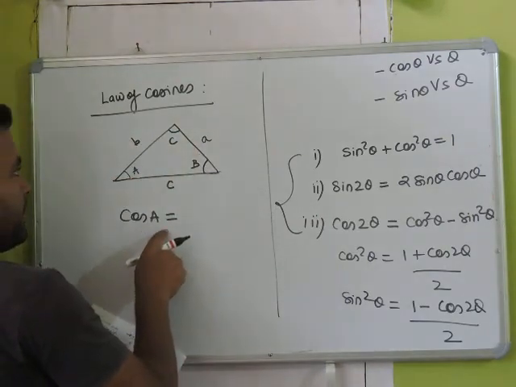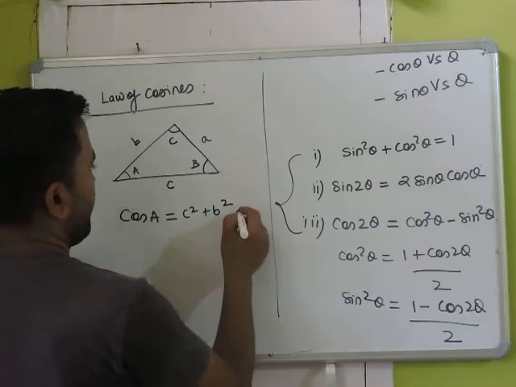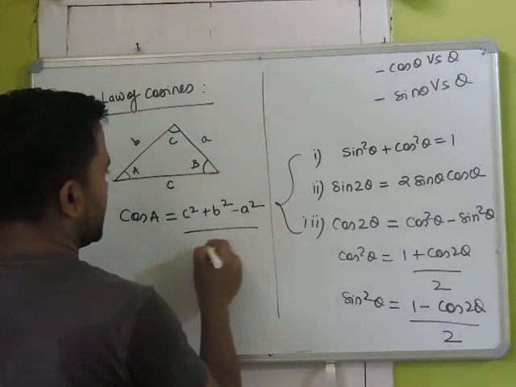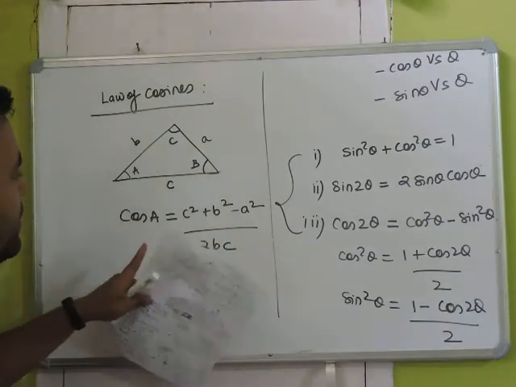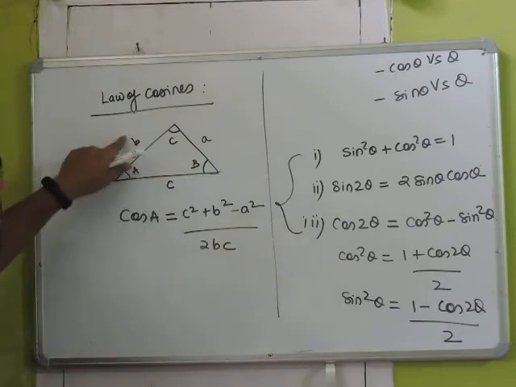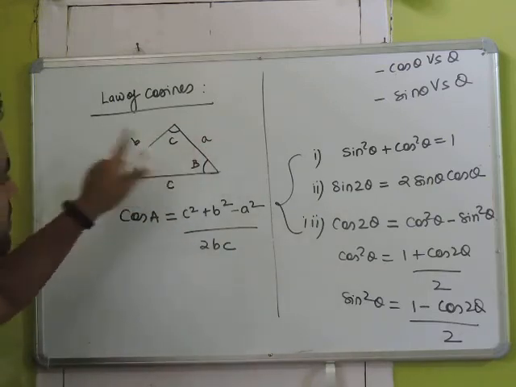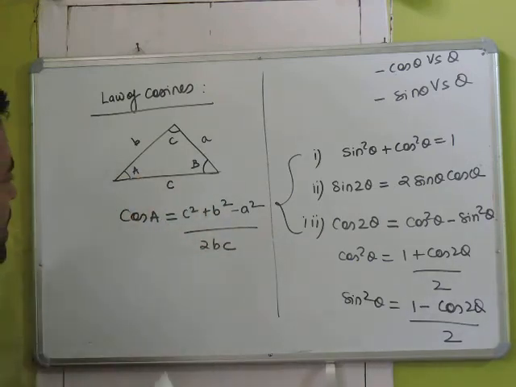So cos A is going to be c square plus b square minus a square by 2bc. This is the law of cosines. This can be proven using the scalar product method.